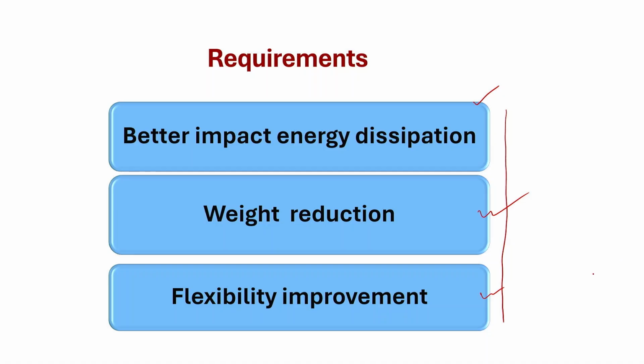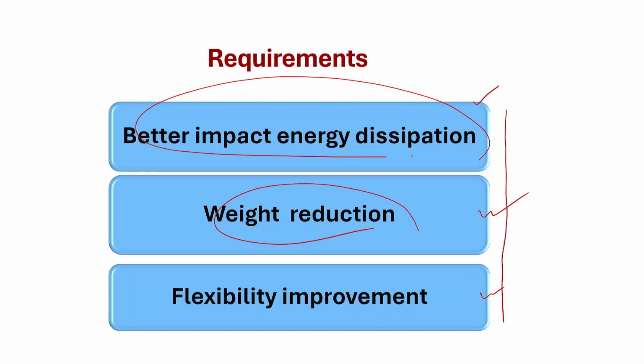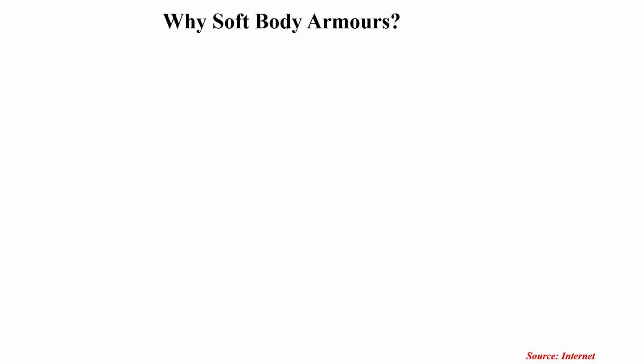It should be lighter, have better energy dissipation, absorbing and dissipating more energy, and it should be flexible. Depending on these requirements, the future ballistic materials are developed, and the research is moving in those directions.